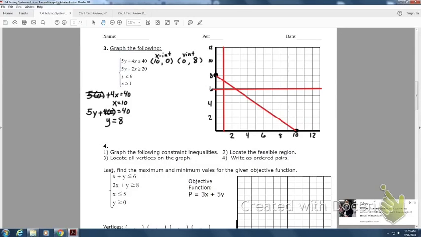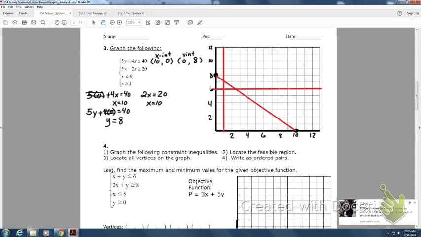Instead of plugging 0 in for y, you can already know that if I'm finding the x-intercept, all I have to do is take the term that has x in it and set it equal to whatever the equation's equal to, because if I put 0 in for y, that's just going to cancel that term out anyways. So I take the term that has x in it, and whatever the equation's equal to, and I solve for x.